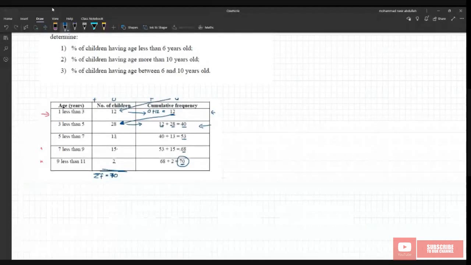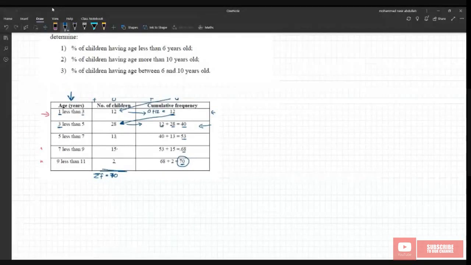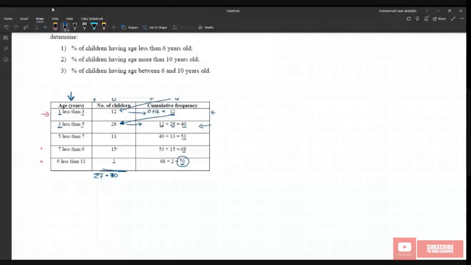For the first class, the lower class boundary is 1 and the upper class boundary is 3. For the second class, the lower class boundary is 3 and the upper class boundary is 5, and so on. So in this table, we already have the class boundaries.